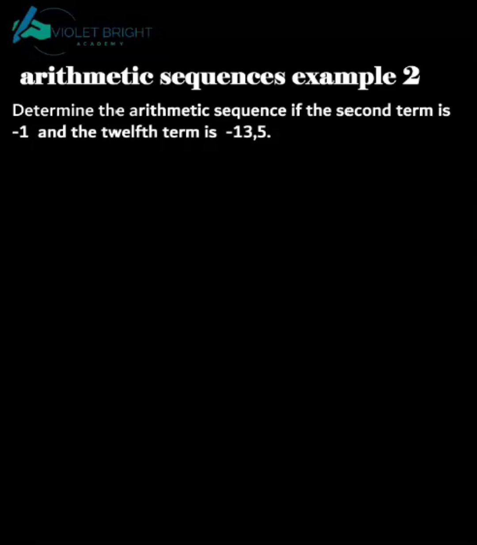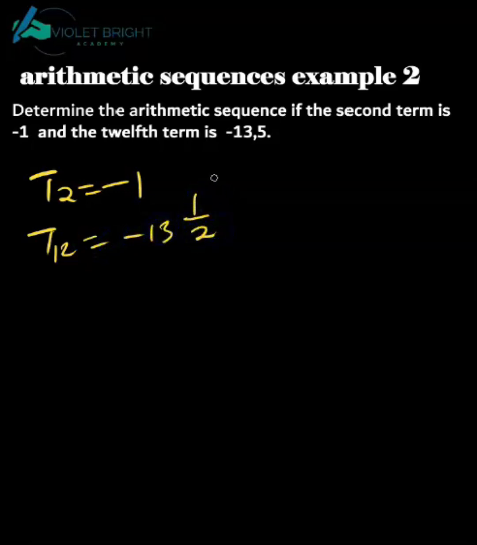The second question says, determine the arithmetic sequence if the second term, so T2 equals -1, and the 12th term is -13.5. So T12 is equal to -13.5.